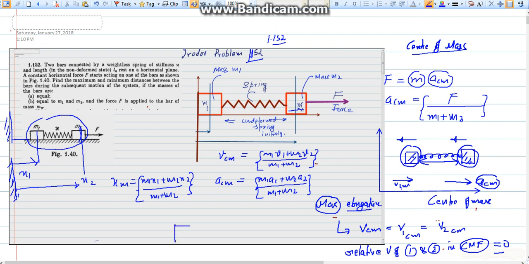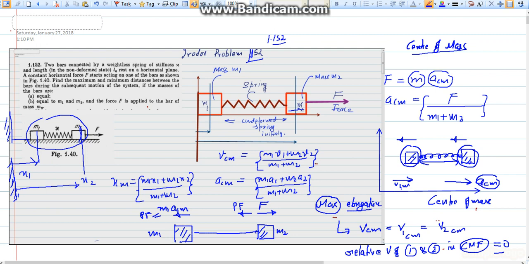Now, if you look at the two ends, I'm just thinking the spring to be a string. What are the forces acting? The force acting here will be the mass m1 times the center of mass acceleration, m1 a center of mass. And what is the force acting here? F. And this was the pseudo force.